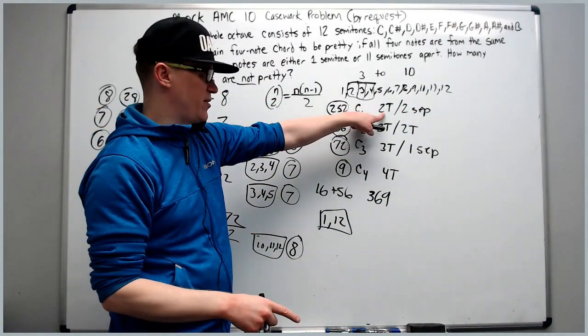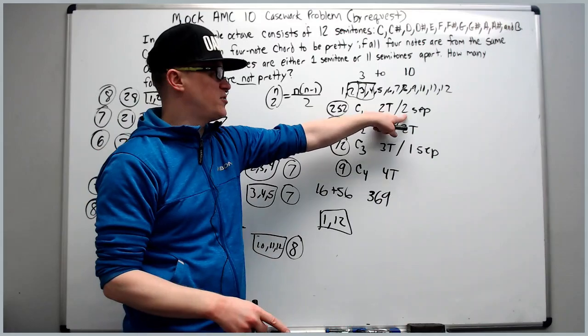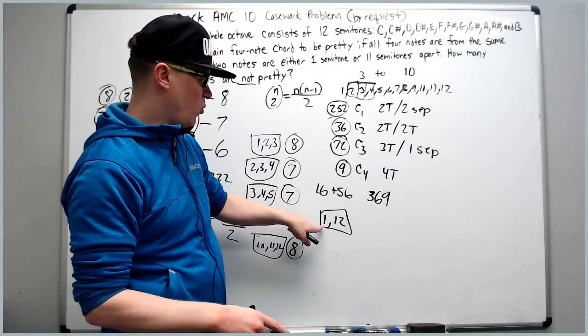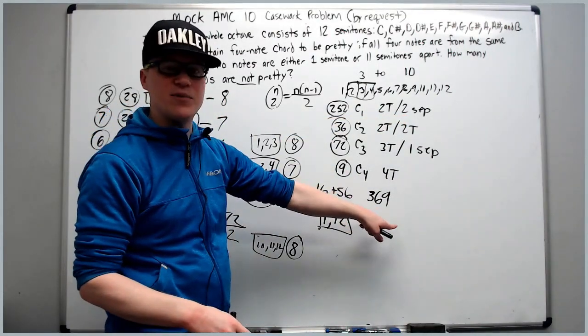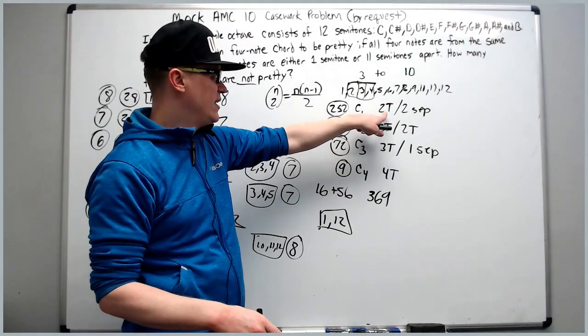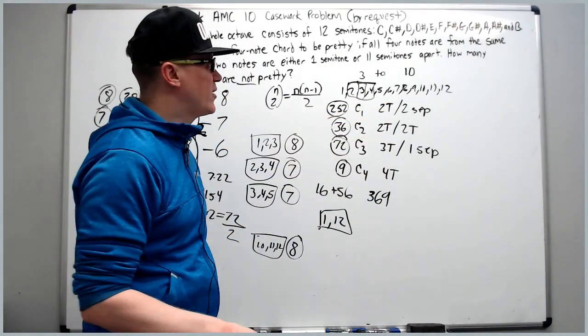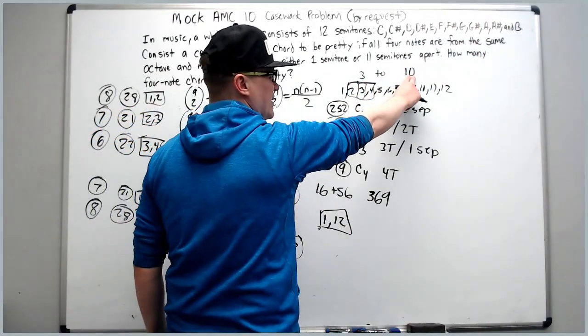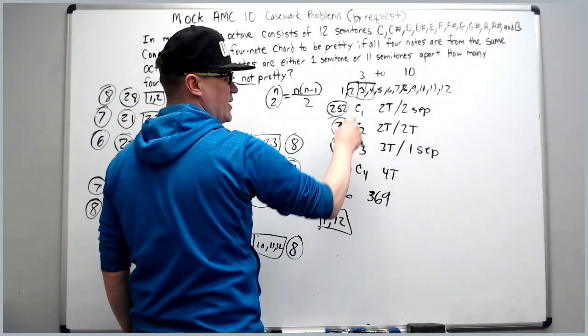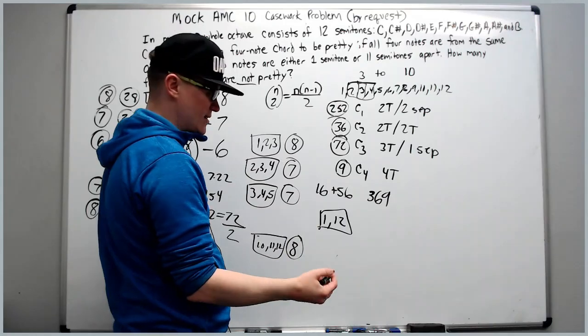That would have been part of this one. The 2 together with 2 separate. That was counted. 1 and 12 with 11 and something else was part of this one. 12 and 11 playing the 2 together block. Okay, so then we have to count from 3 to 10. That's going to be 10 minus 3 is 7 plus 1 is 8.